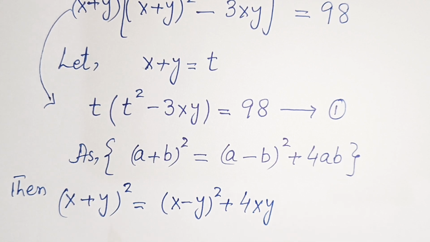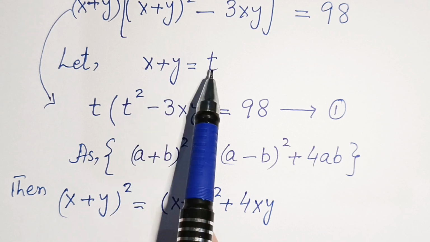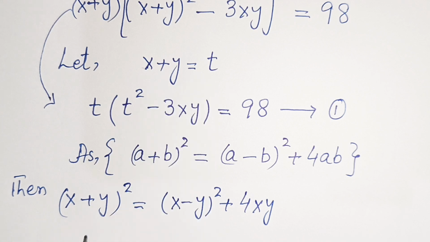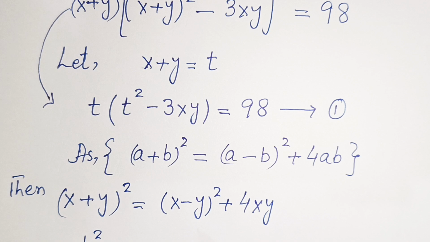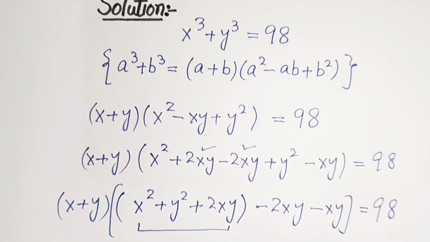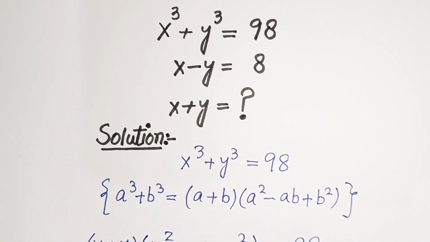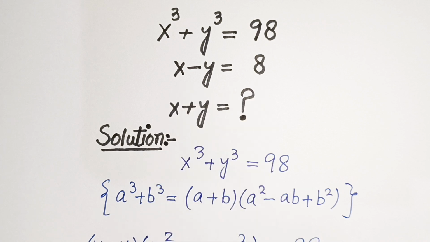Now here x plus y is equal to t, so we write t squared is equal to x minus y whole squared plus 4xy. According to our equation, x minus y is equal to 8.